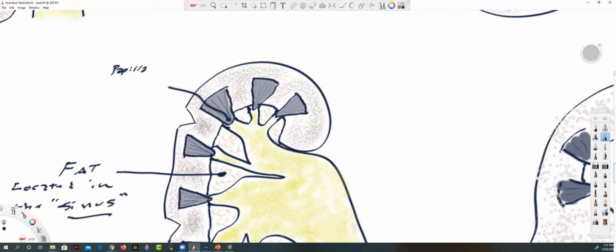So then we have the very beginnings of the collecting system, which are the minor calyces. Calyces, or calyx, the minor calyces.